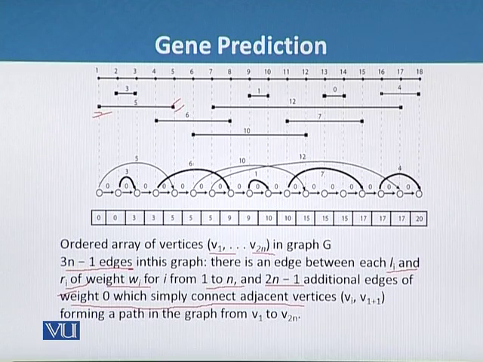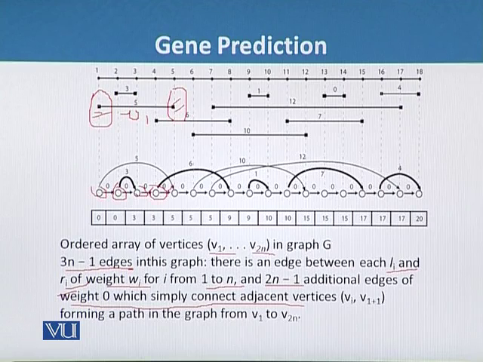So here in the diagram we can see this is L1 and this is R1 of the weight W1, and that is for i from 1 to n. And the weight 0, we can see here we have added 0 that simply connects one vertex to the other.